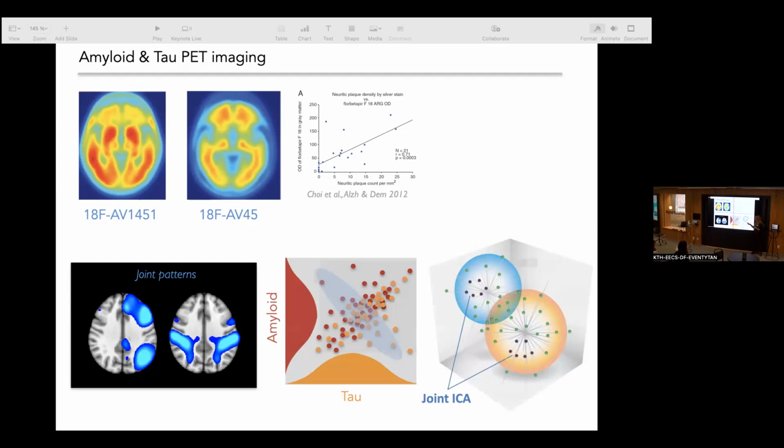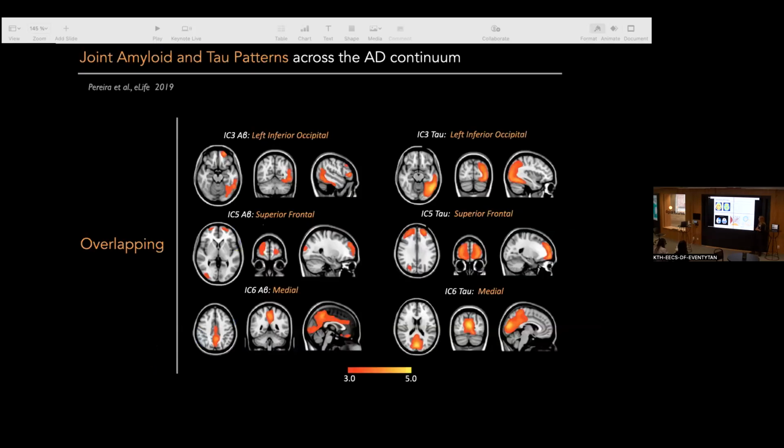And here, using the joint ICA, which was calculated using the fusion toolbox of Vincent Calhoun, we identified links in the two imaging modalities between different areas and tried to find these joint patterns for the two pathologies.